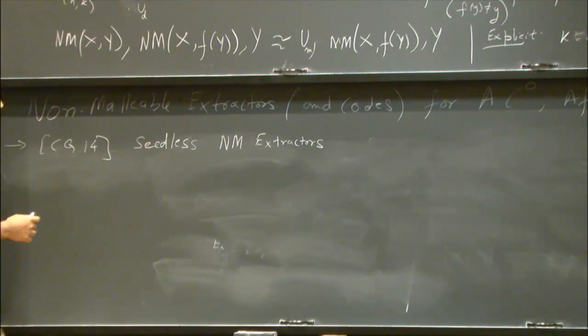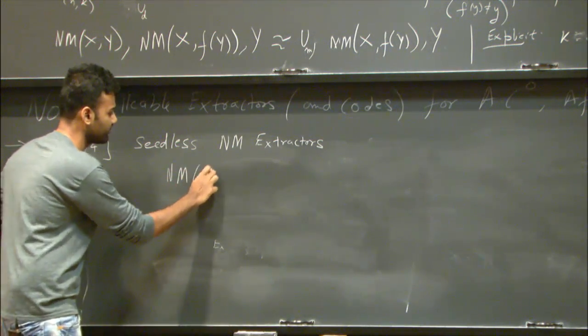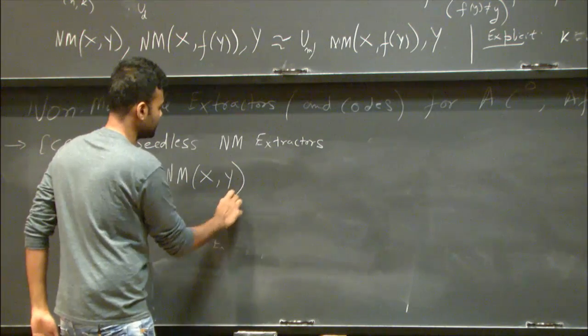So for example, for two-source extractors, you'd want a seedless variant.